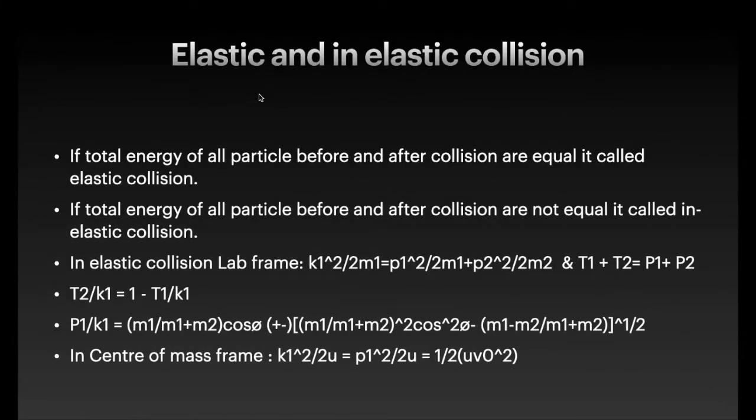In elastic and inelastic collisions, why does only kinetic energy change? If the total energy of all particles before and after collision is equal, it is called an elastic collision. If the total energy of all particles before and after collision is not equal, it is an inelastic collision.